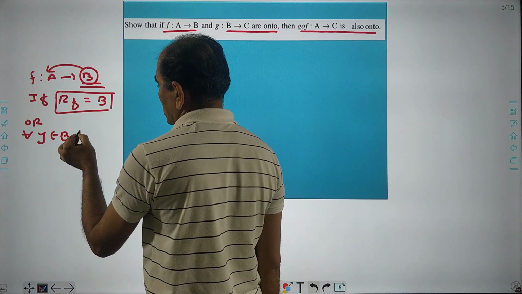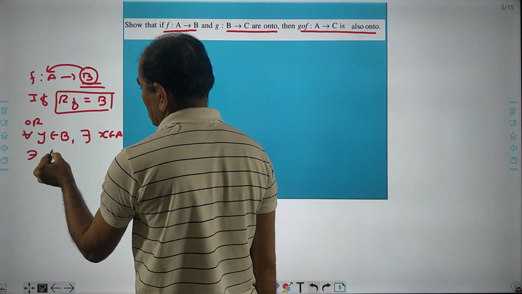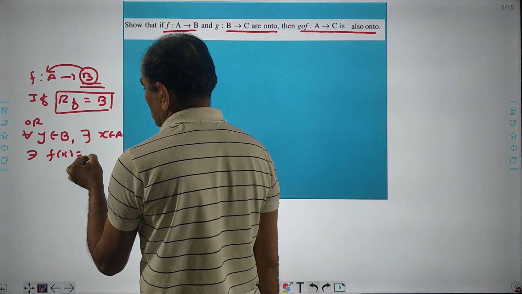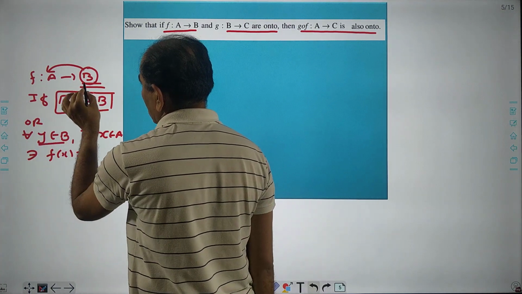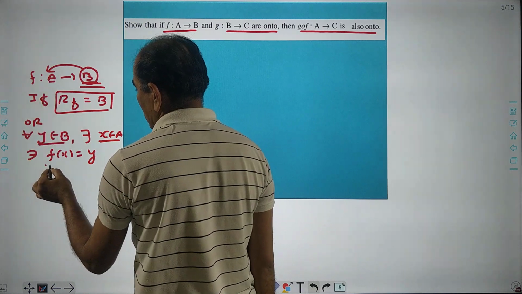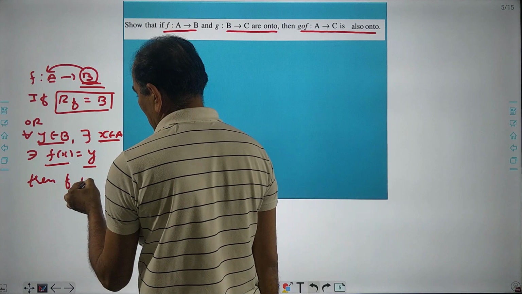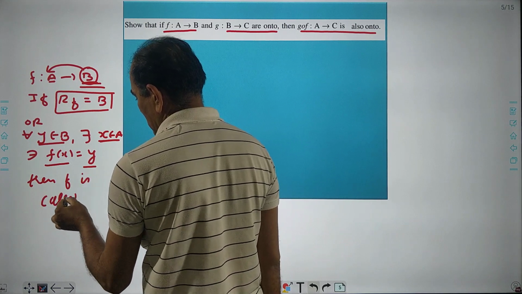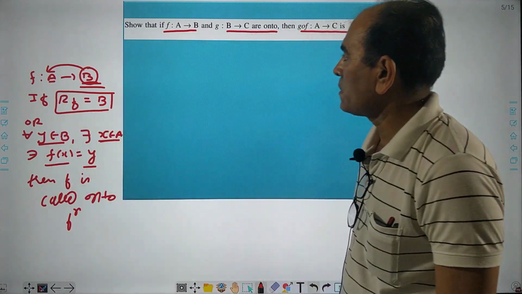For every y belongs to B, there exists x belongs to A such that f of x is equal to y. Then f is called an onto function. Clear? We already saw this in exercise 1.3.